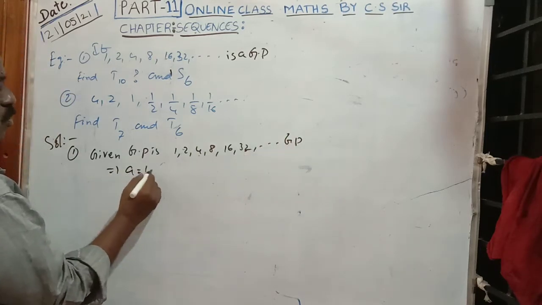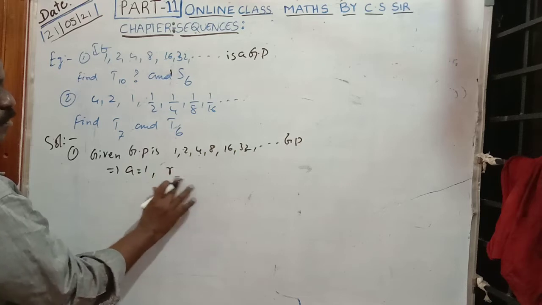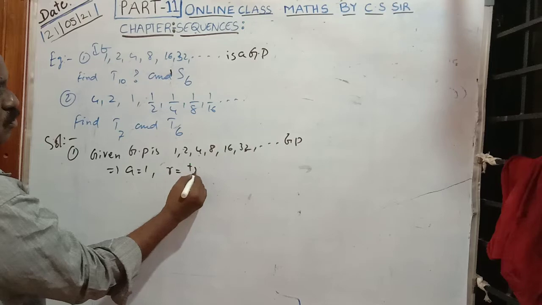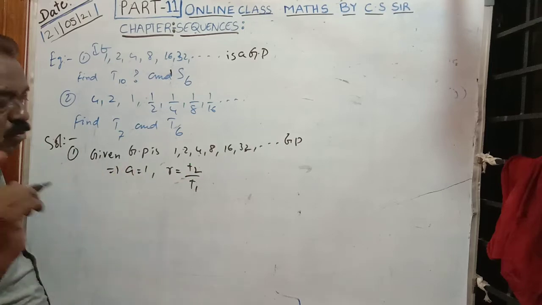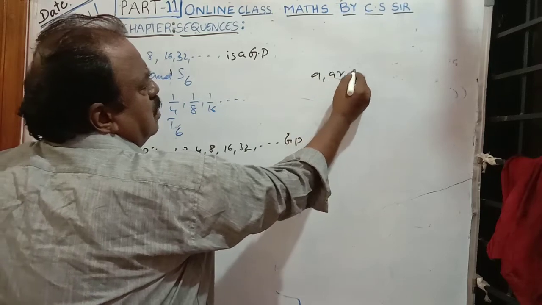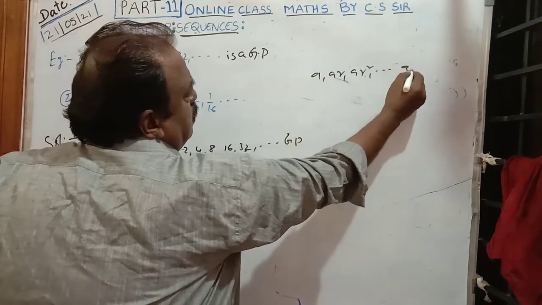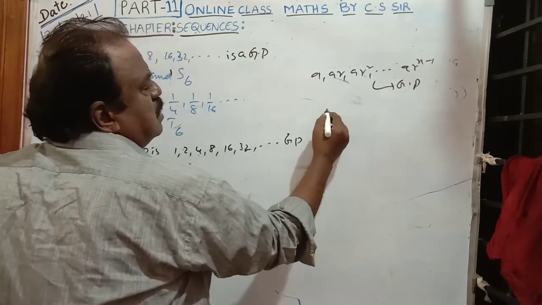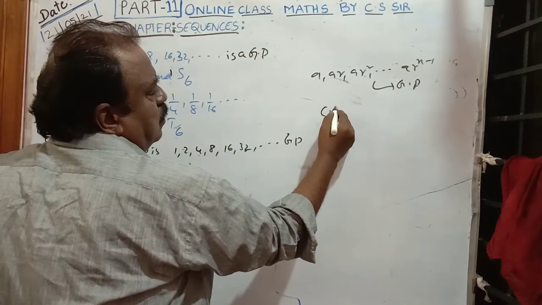Here A is equal to 1, and R, the common ratio, is T2 by T1. You see, A, AR, AR square, up to AR power n minus 1 is a GP. What is the common ratio?